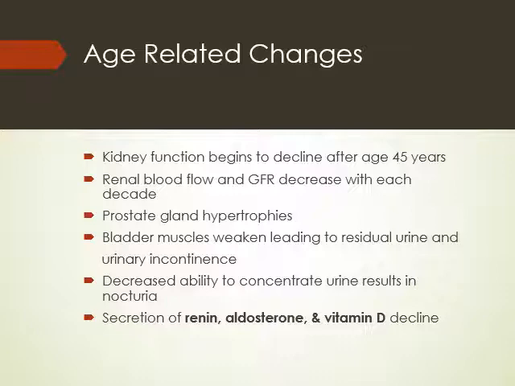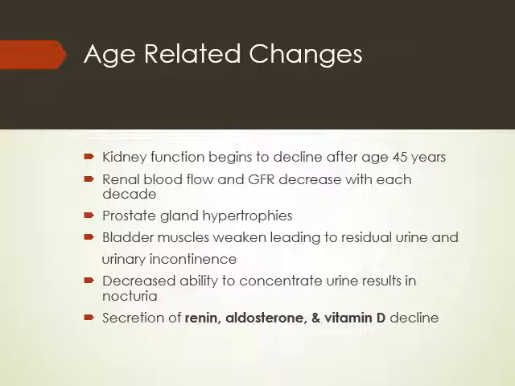So if we're not getting a lot of fluid, that means we need to release renin to cause some vasoconstriction. The macula densa in the kidneys also signals to release renin, and that causes changes in sodium delivery to the renal tubule.